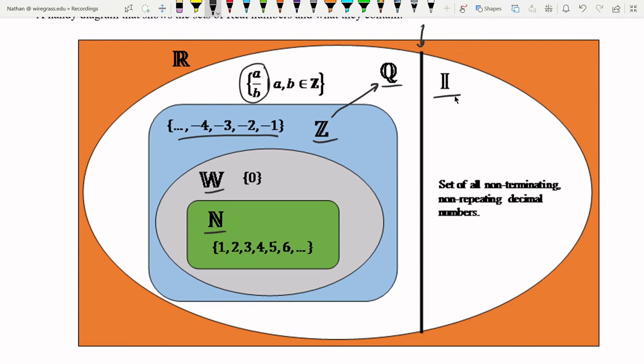We have the rational and irrational numbers. They're completely separated. There is no overlap. And it's important to note that this white oval here is the real numbers, not this orange box. This orange box is actually what's called the complex numbers, and we're going to be looking at those a little bit later on. But for the most part, we're going to be working with the real numbers.